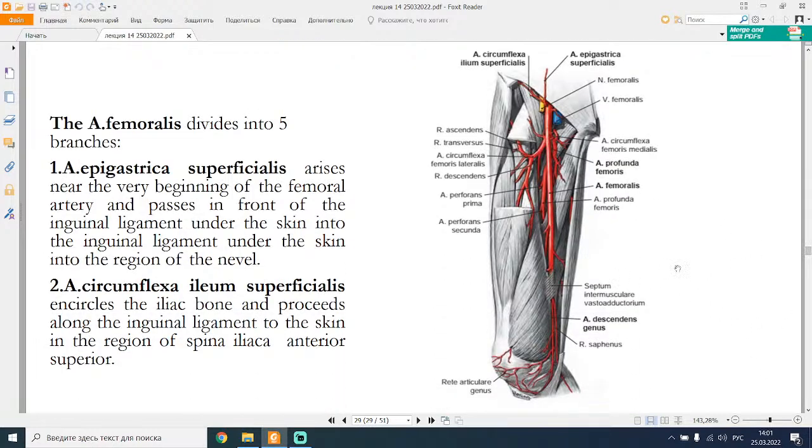The arteria femoralis divides into 5 branches.